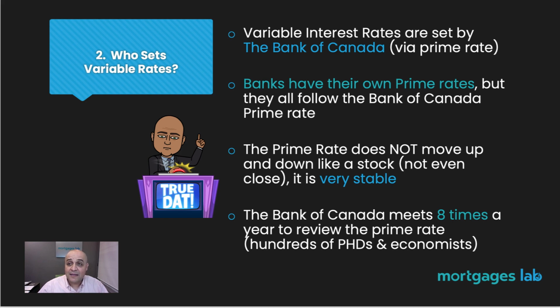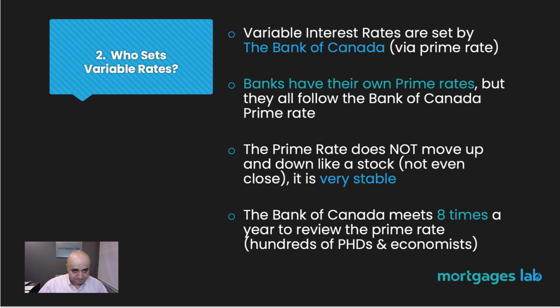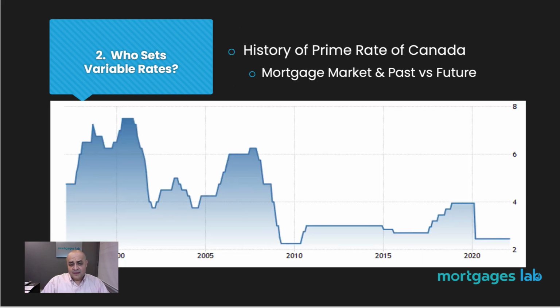But they don't go up indefinitely. They go up a little bit, then they stabilize and they come down, and they keep going up and down for years and years. Now that we're talking about the prime rate, this is the graph of the history of the prime rate of Canada for the last 20 years, since 2000.